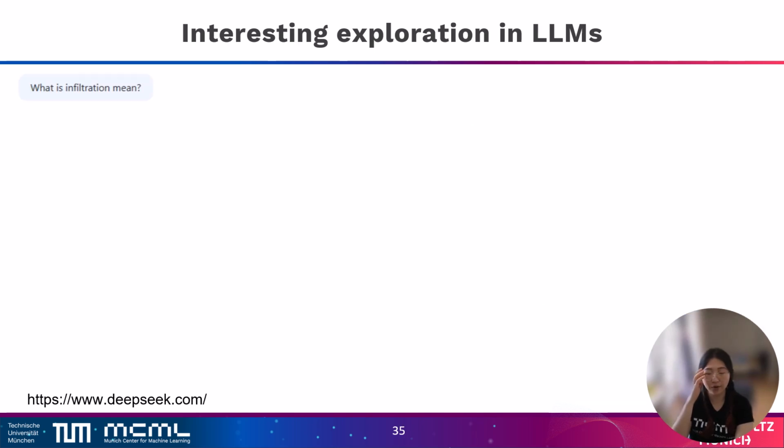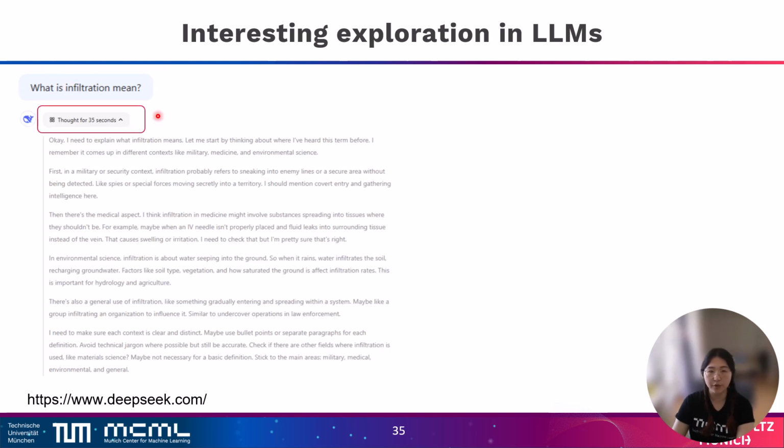So we already know that DeepSeek forced the model to do the reasoning during training. Let's see how the performance of DeepSeek R1 is. Here I asked the model what infiltration means. The model doesn't just directly output the answer, but thinks for about 35 seconds.